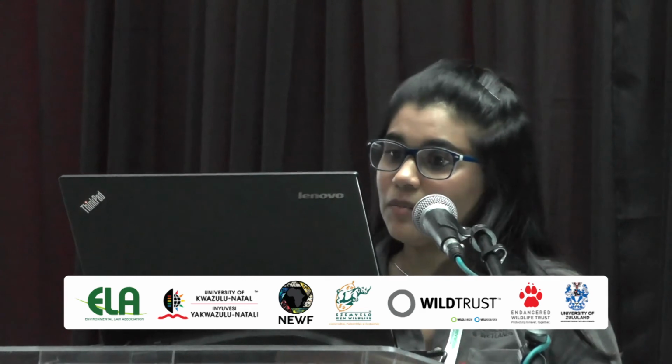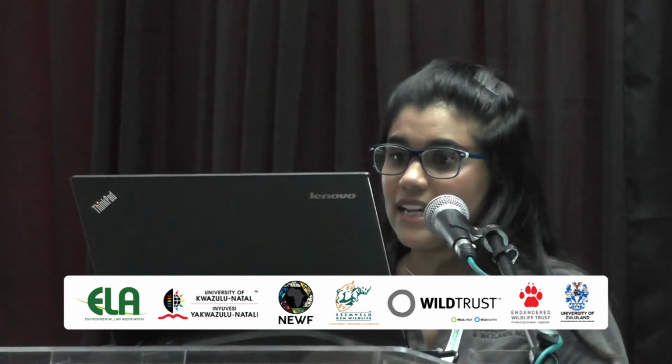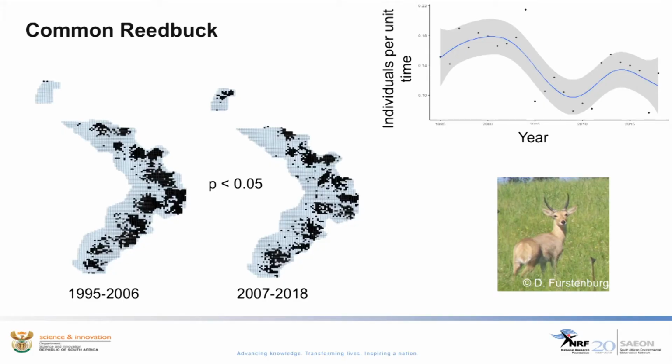Common reedbuck do not compete with other species as they have specialized habitat which is not utilized by other game, yet they are still experiencing a decline in population numbers across the years within the park. And again, their distribution has decreased significantly over the years, with the exception of the Royal Natal and Rugged Glen population in the northern part of the berg.